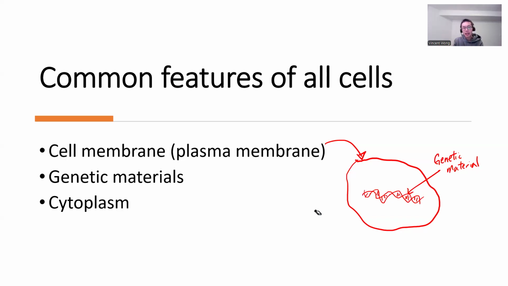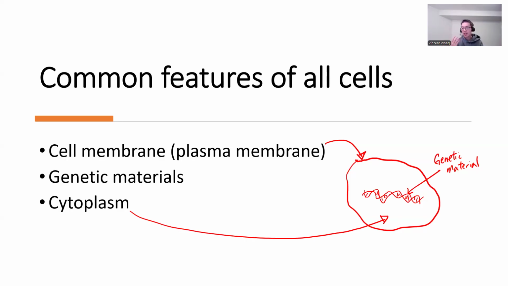And finally, there is the cytoplasm. The best way to think about this is if you think about a Ziploc bag, you put some water in there and then you zip it up. The Ziploc bag is the plasma membrane, the cell membrane, and all the water inside, that's basically the cytoplasm.